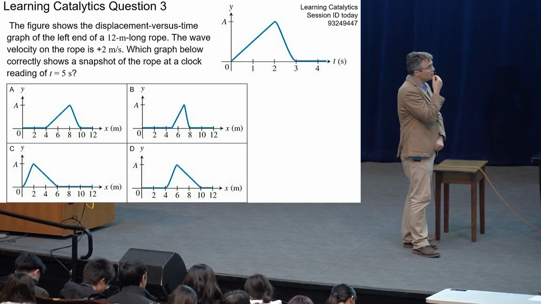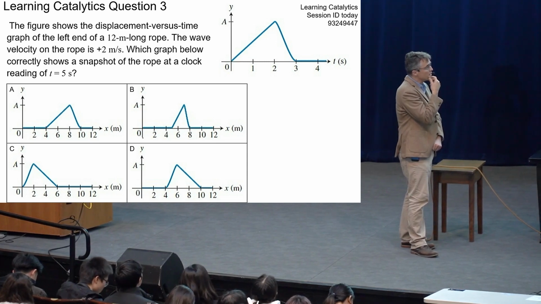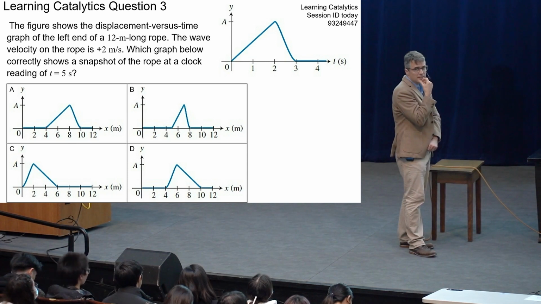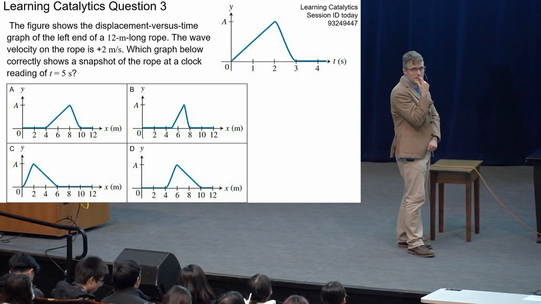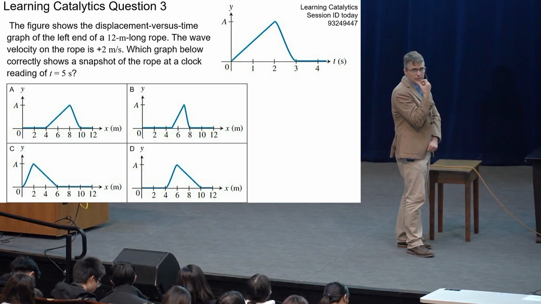By the left end of the rope, what it means is that the history graph is at the x equals 0 point. Okay, that's the left end.